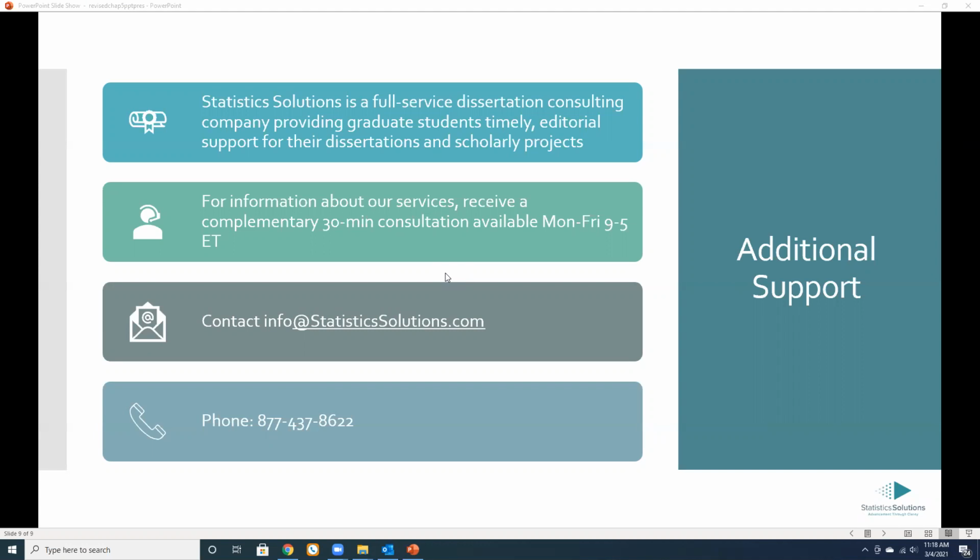Let me go back, because I have on my checklist something I want to talk about that I didn't, and that is the theoretical framework or the theory that you used. People have asked me in the past, you relate your findings in the discussion section to the findings of previous research. Do I need to bring in my theory?